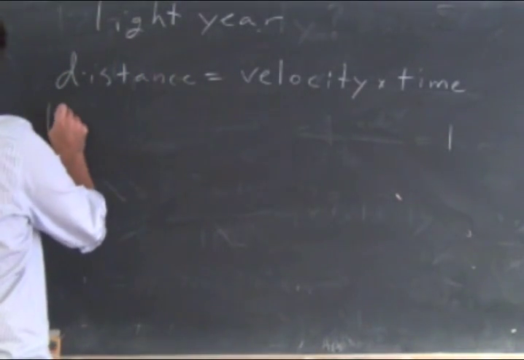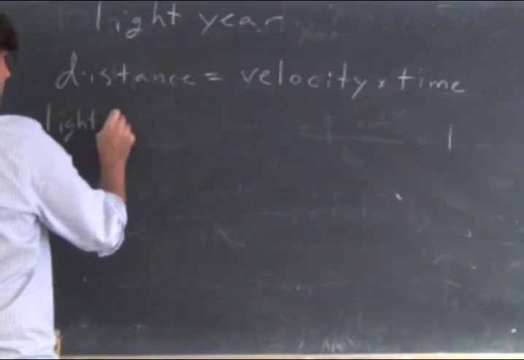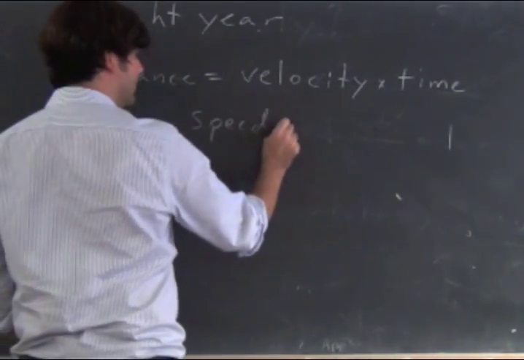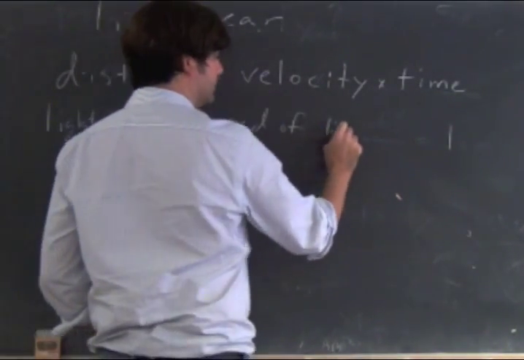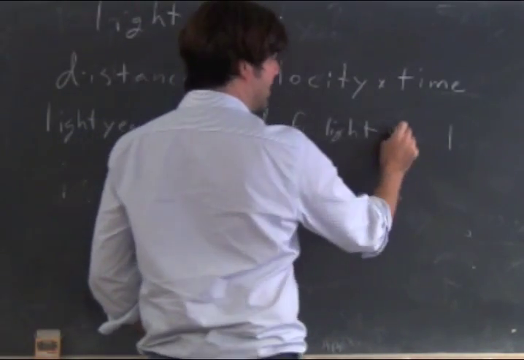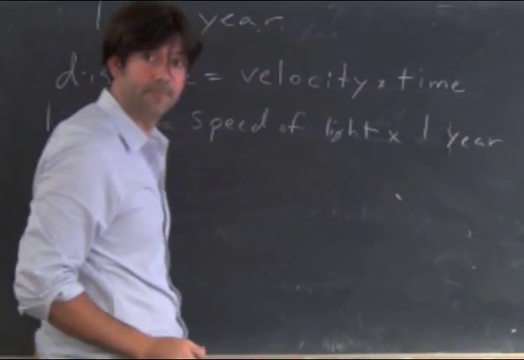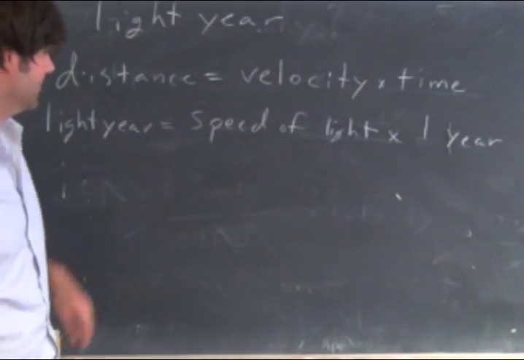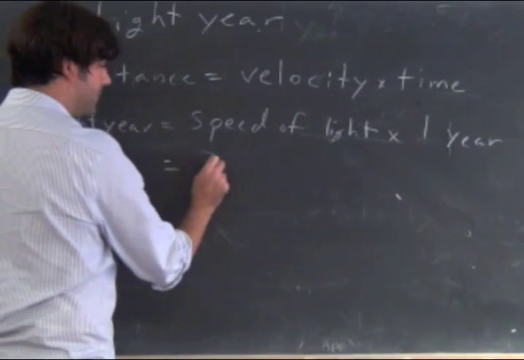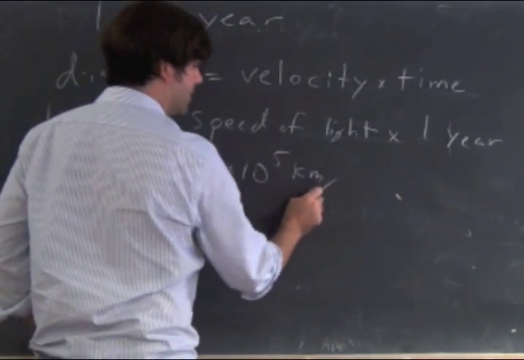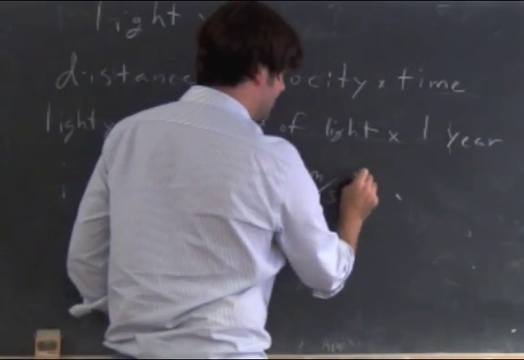So, a light year is the speed of light times 1 year. The speed of light is about 3 times 10 to the 5th kilometers per second times 1 year.